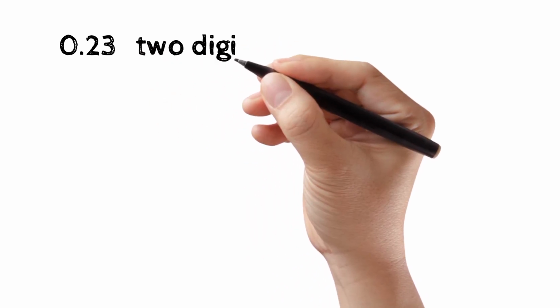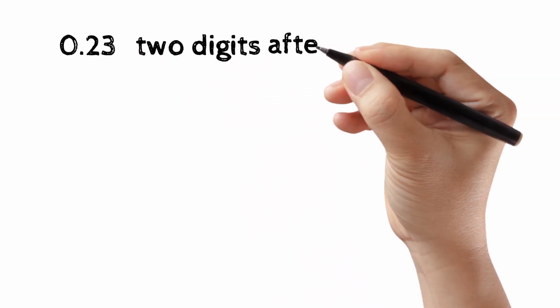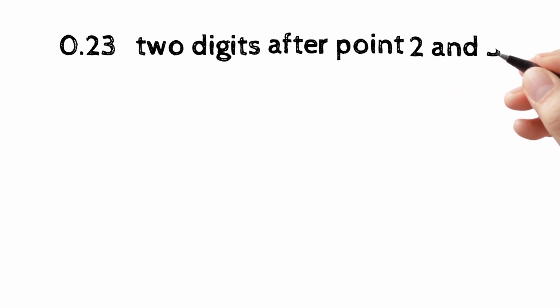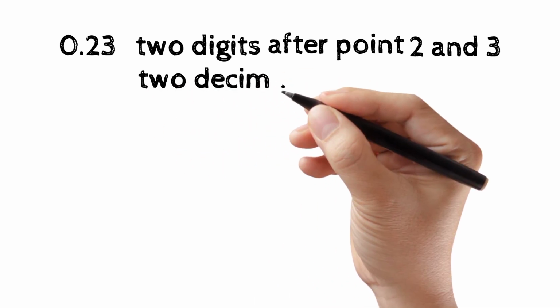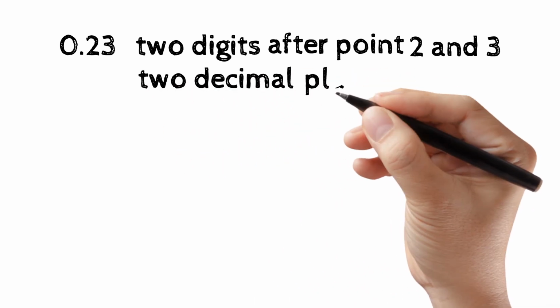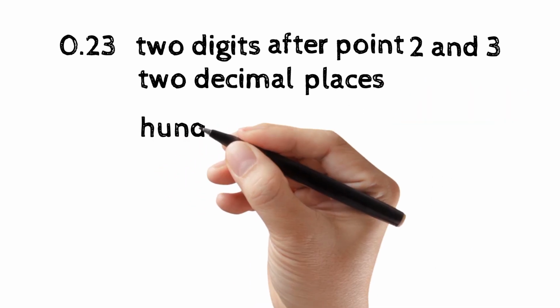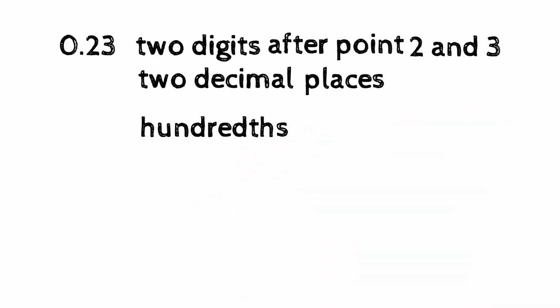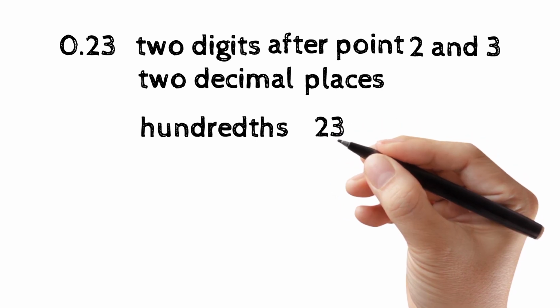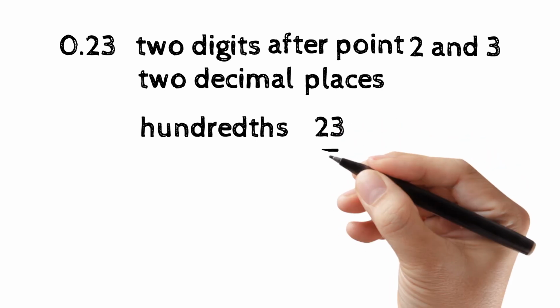Also in 0.23, we have two digits which are after the decimal point. The two digits are 2 and 3. Now we say we have two decimal places because we have two digits after the decimal point. Now the value is hundredths.